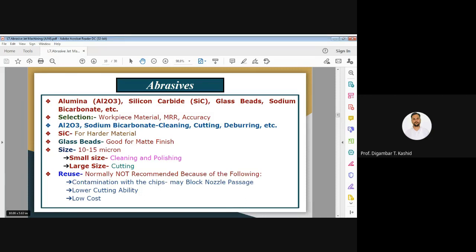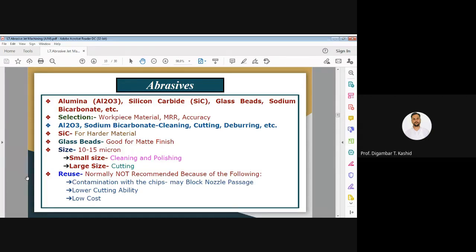Now, how to select the abrasives? The selection of the right kind of abrasive particles for this process totally depends upon the workpiece metal properties.